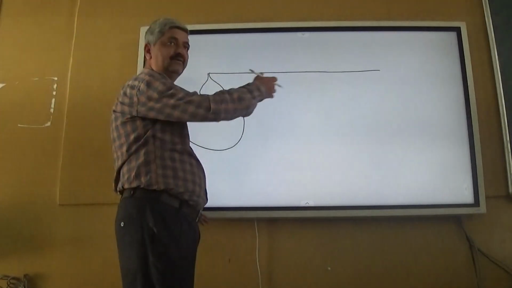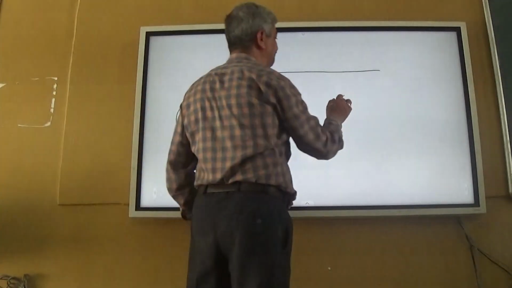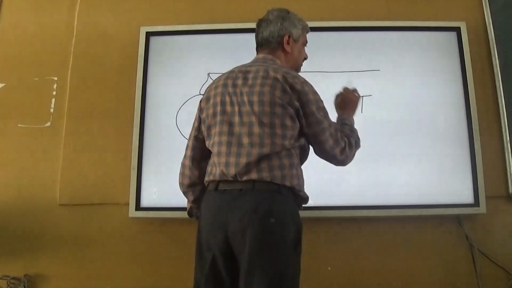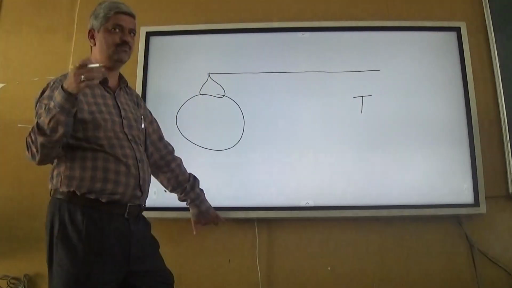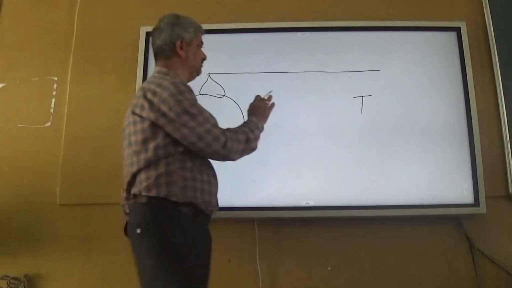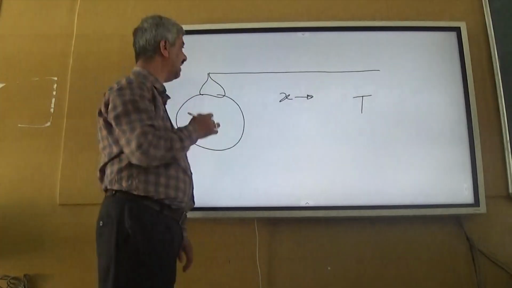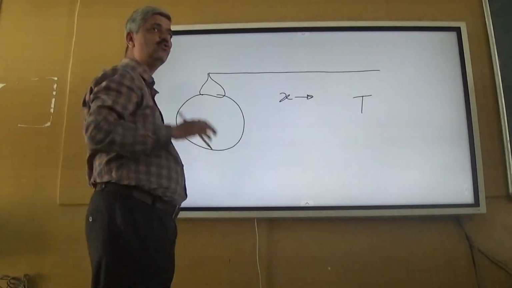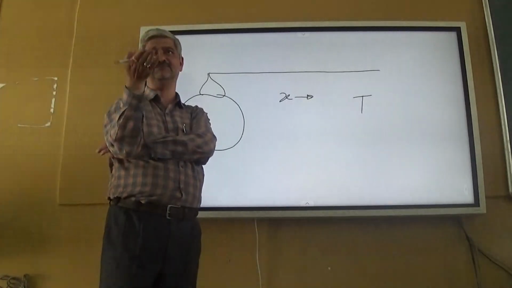Over the length of the rod, if you measure temperature T, I am deliberately using capital T because otherwise small t you may confuse with time, and this is the x direction. If it is the origin, then at a given point x there would be a different temperature.